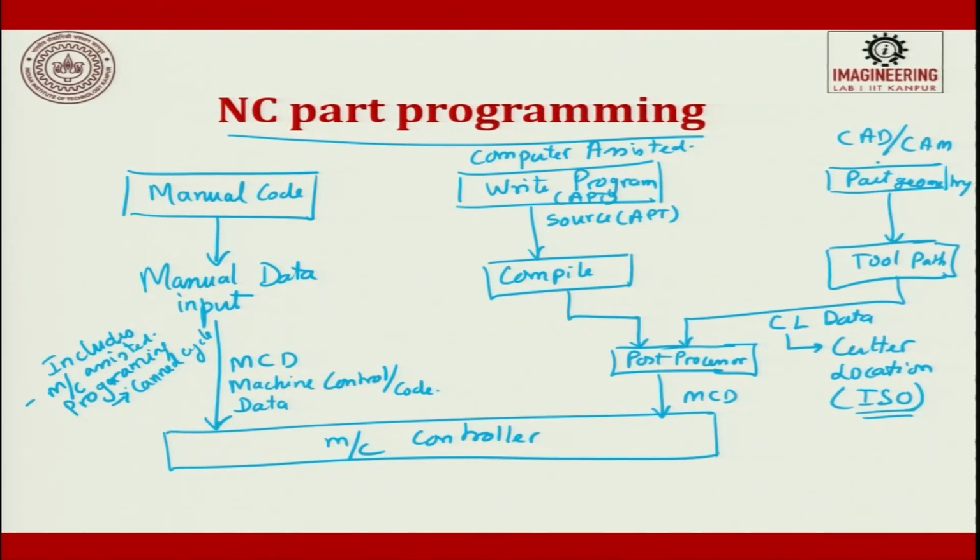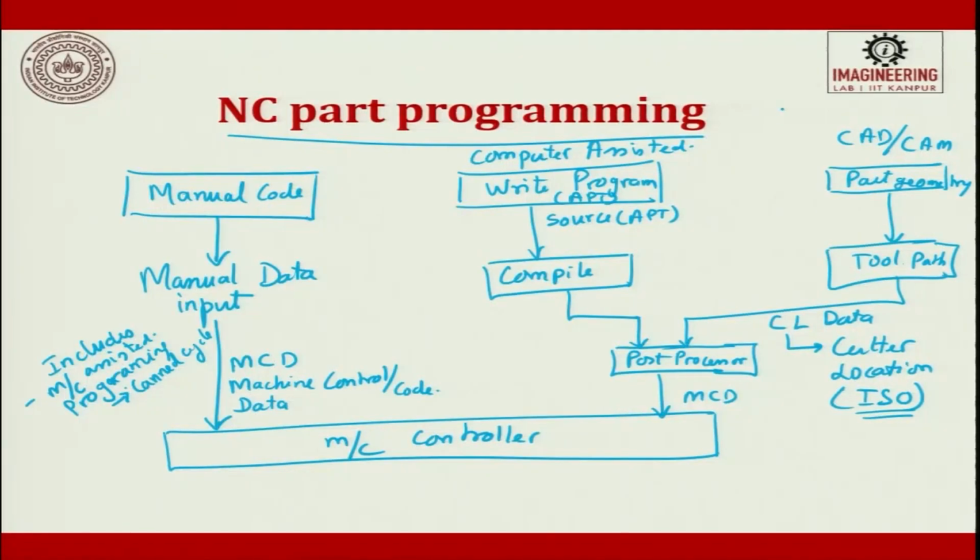CAD/CAM is where you draw the CAD, from the CAD the tool path is generated, and from the tool path generation you see the cutter location, because here the cutter moves relative to the workpiece. So, you see the cutter location data, it goes to the post processor, and then it comes into a controller.